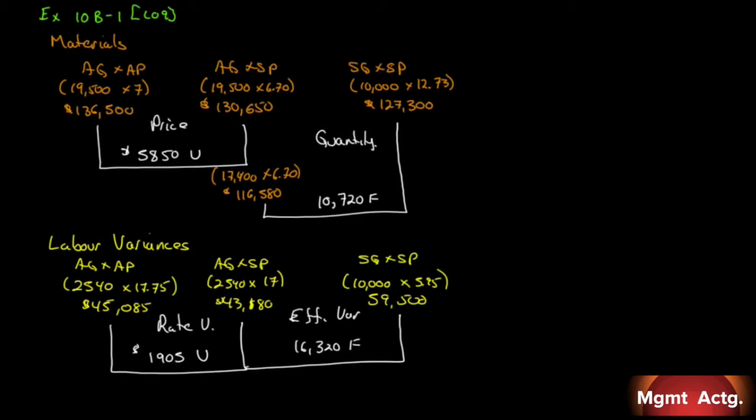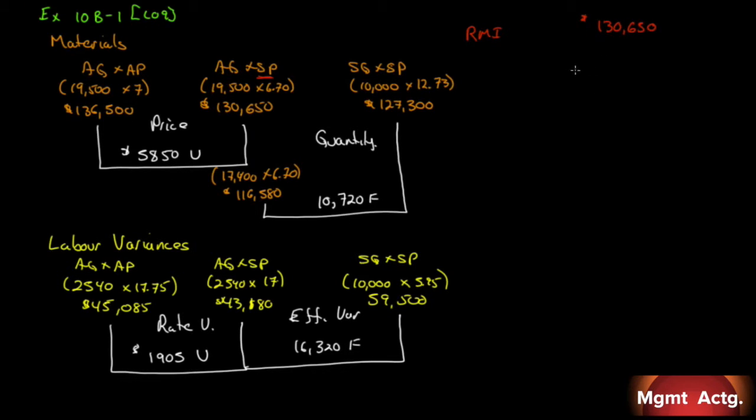So now we have to do our journal entries. Let's start at the top. The first thing we need to do is record the purchase of our materials, $136,500, but we only record $130,650. Remember, it's going in at its standard price. So our raw materials inventory will increase by $130,650.